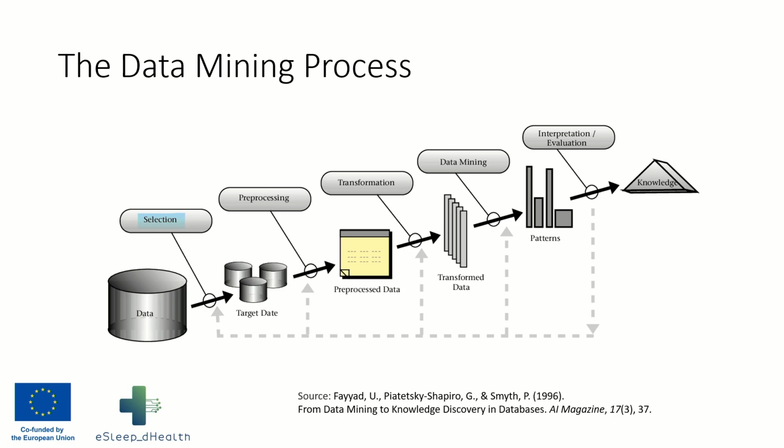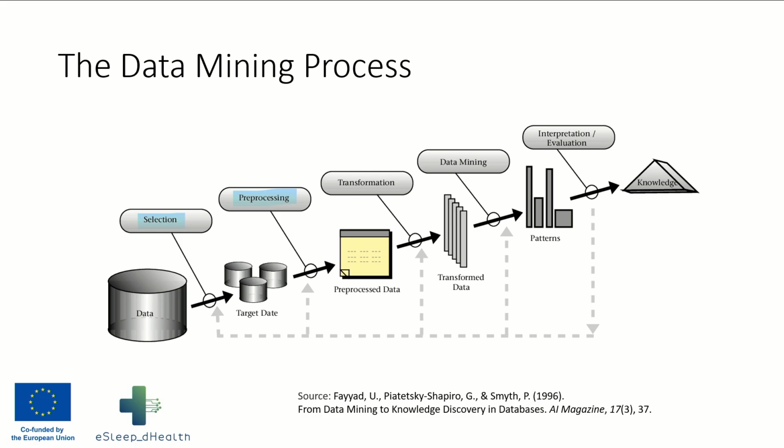Then the second step of the data mining process is the pre-processing. So at this step, we will clean the data, because most of the data we as machine learning users get is quite messy, and it needs to be in a certain shape for the machine learning model to work.